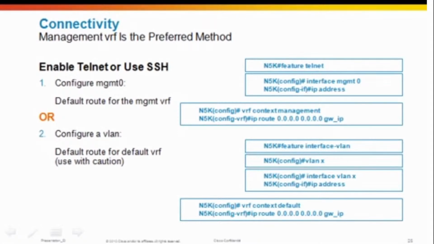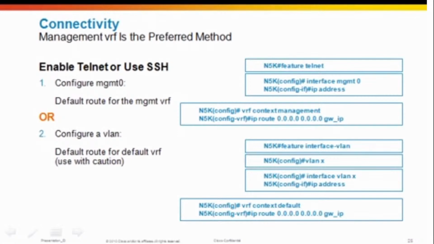If your design or business needs are that you have to use a 10 gig port and an interface VLAN, you can do so. For that, we need to enable first the interface VLAN, so feature interface VLAN, and add the VLAN to the VLAN database, the one that you'll use to connect. So VLAN and the number and exit.